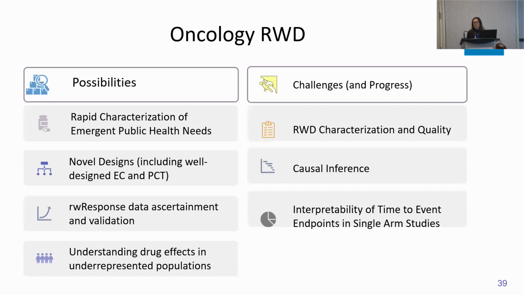There have certainly been some road bumps that all of us have seen, but it is a way to try to respond to public health needs. Novel designs, so external controls and pragmatic trials, the ability to ascertain real-world response, and the understanding of drug effects in underrepresented populations. I think the challenges that still exist are in the characterization and quality of real-world data, in causal inference, and in the interpretability of time to event endpoints in single-arm studies.